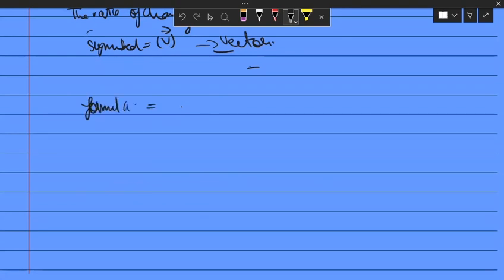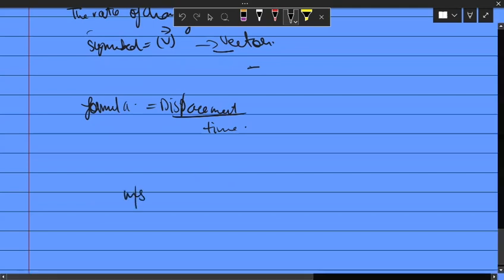Which is displacement upon time. Okay, and its unit is also the same, which is meter per second. Okay, this is the unit.